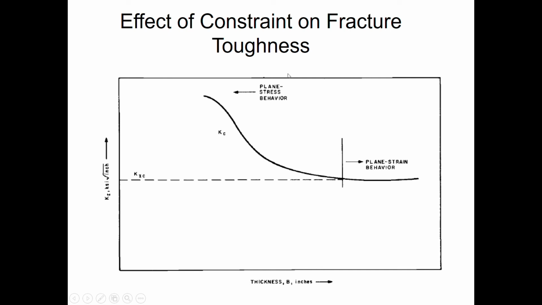Why is that? Because this is plane stress behavior, while once you reach this point, it will be plane strain behavior. It means that once you achieve this point, you may increase the thickness as well, and the fracture toughness remains the same. We said K1C will always be constant once you reach this value.